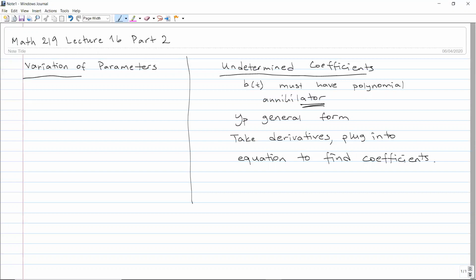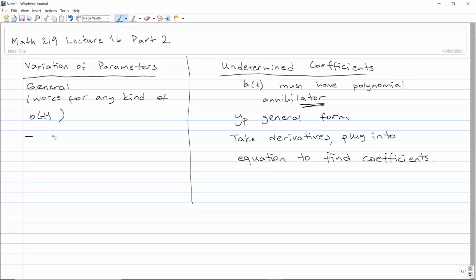Whereas the method of variation of parameters is a general method. It works for any kind of function b(t). But the thing is, you find v prime, remember, you find vector v prime.